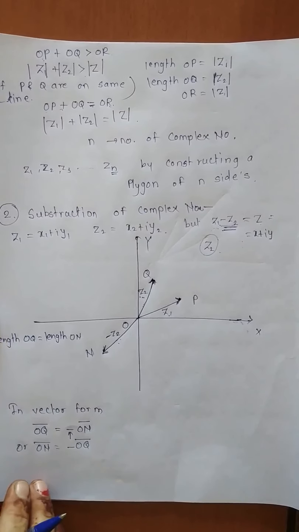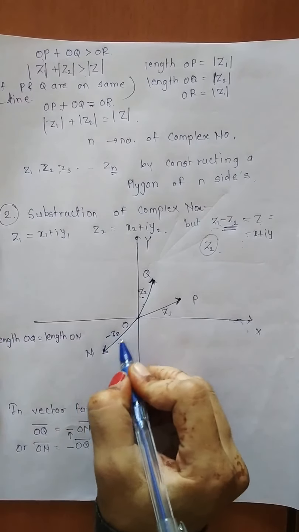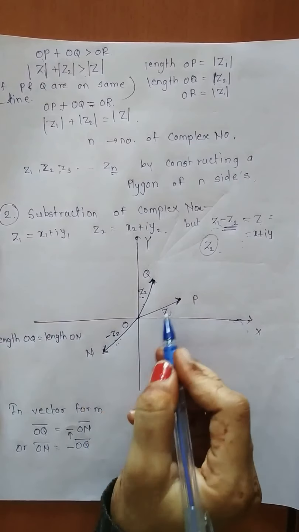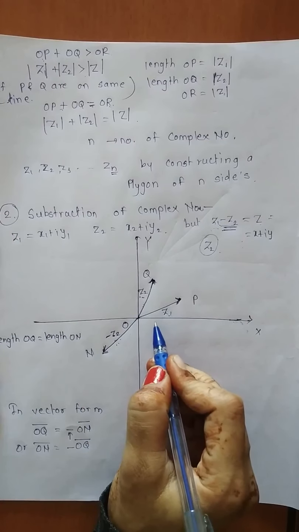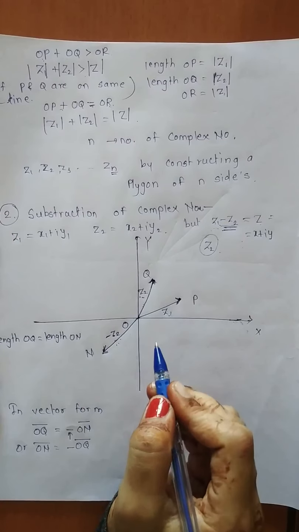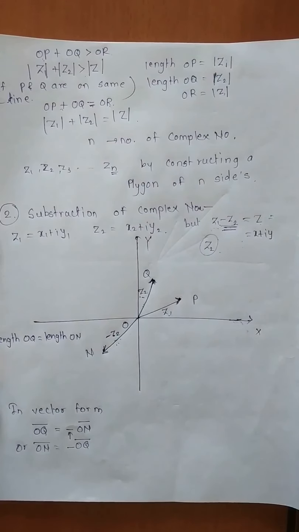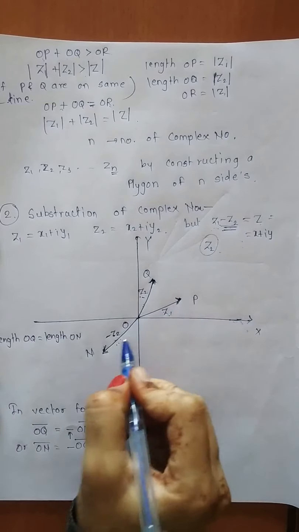Now again, according to the law of parallelogram, here we have calculated negative Z2. Now we will add Z1 and minus Z2. So to add them, we have to construct again a parallelogram. And how are we going to construct this parallelogram? We have to draw lines parallel to OP and ON.